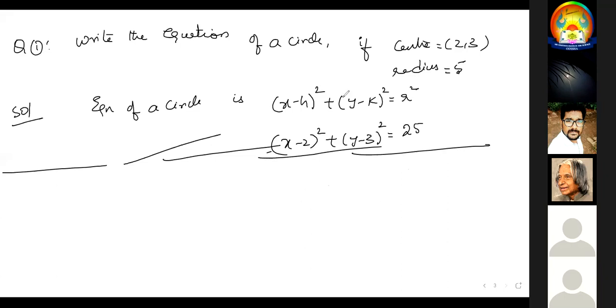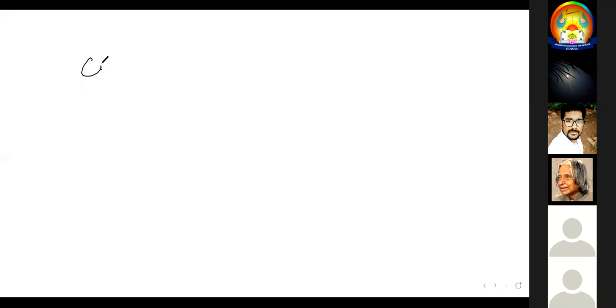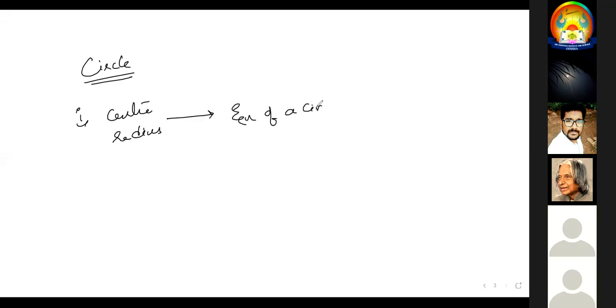Now look at this. Two things we studied. When I am talking about the circle, the first thing is, if I give the center and radius, we should be in the position to write the equation of a circle. And the second thing is, if I give the equation of a circle, you should write the center and radius.